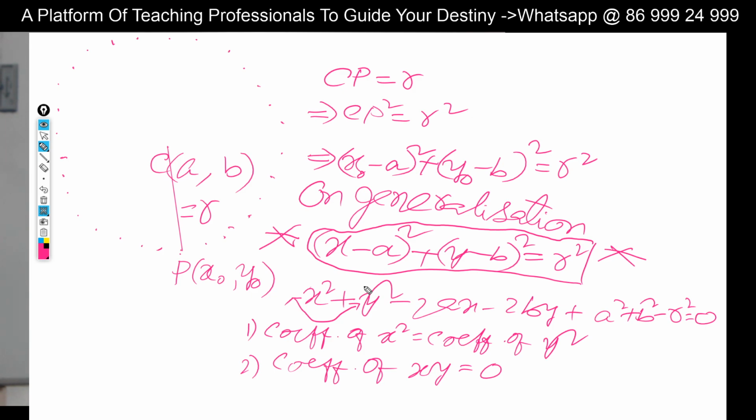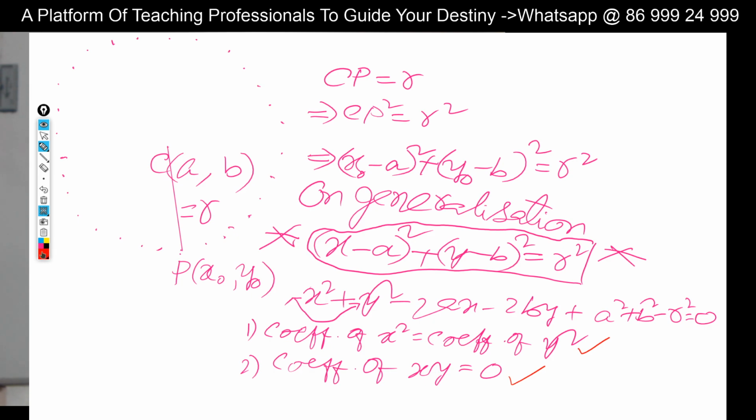So, like this, these verbal forms are converted to algebraic form, and the properties of the particular geometrical figures are studied thereby. What is that? For a circle equation, always remember your coefficient of x square must be equal to coefficient of y square and coefficient of xy is equal to 0.